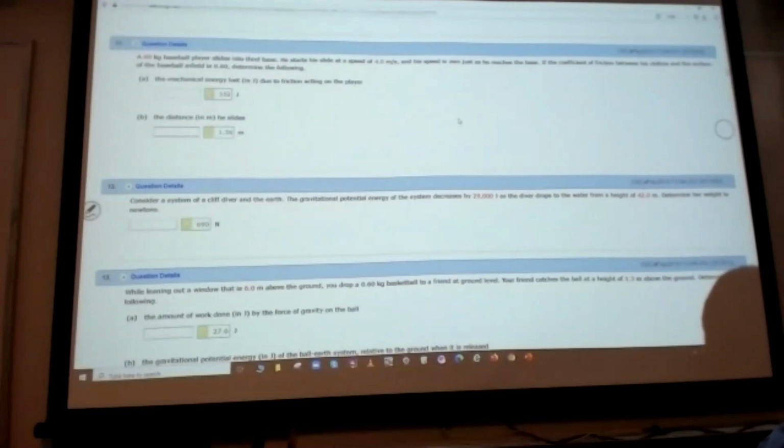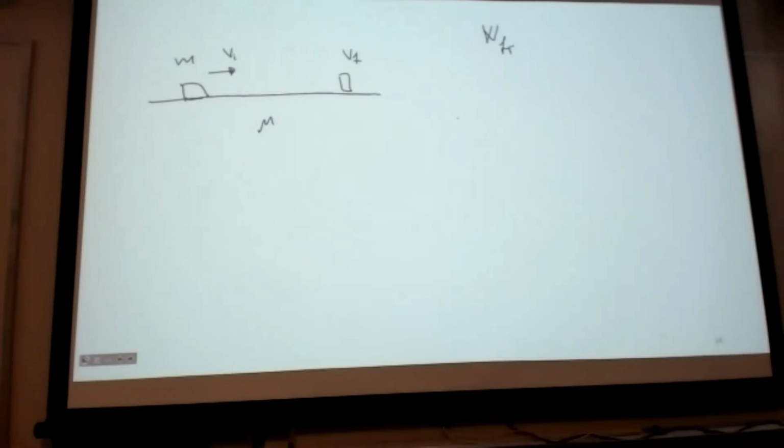Work. So the work done by friction is negative, but the amount of energy lost, that means we have to calculate the magnitude of that work. And for that we have to calculate work done by friction.